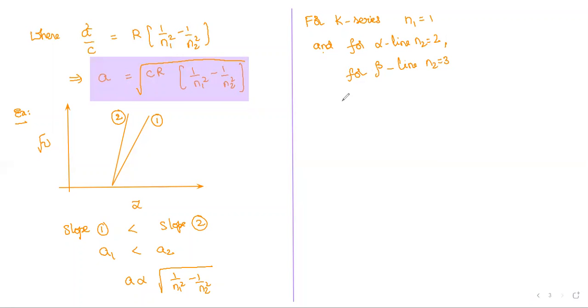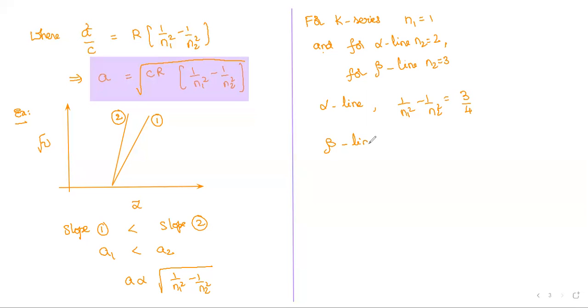So directly for alpha line, 1 by n1 square minus 1 by n2 square is equal to 1 by 1 square minus 1 by 2 square, which is 1 minus 1 by 4, that is 3 by 4, 0.75.